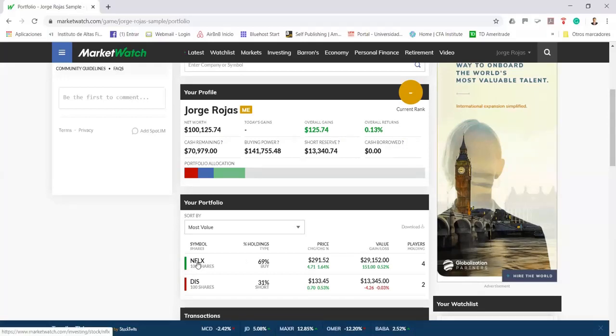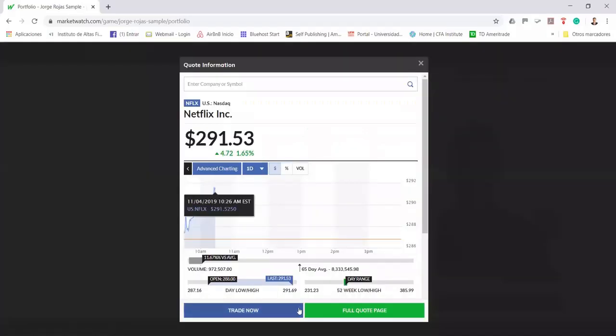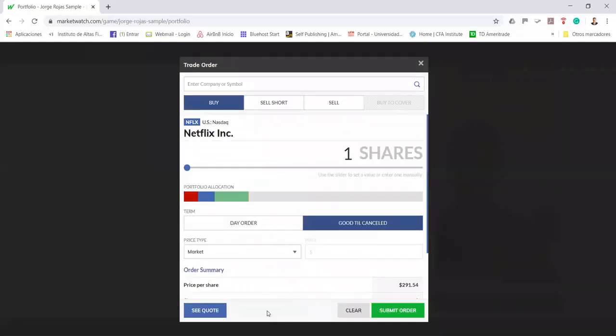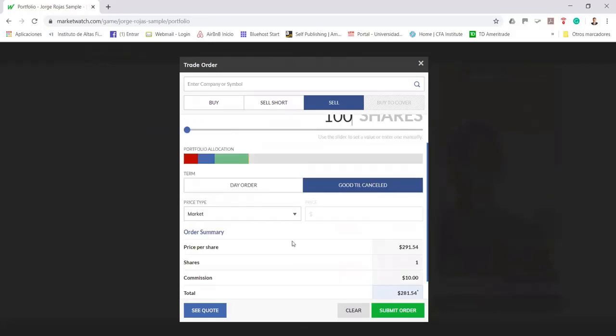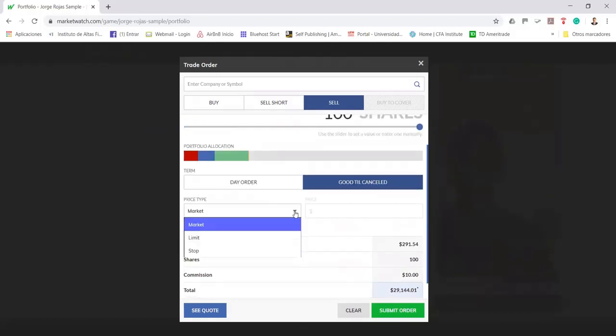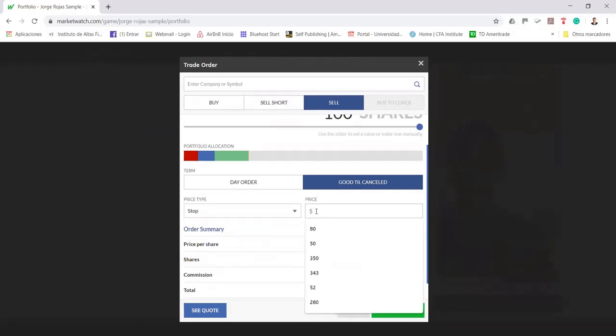So what can you do to protect this position in Netflix? Since you have 100 shares, let's assume that you want to sell these 100 shares, but only, in this case we will use a stop order, only if the price gets below 280.